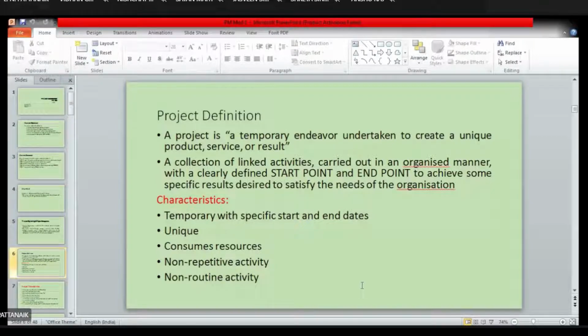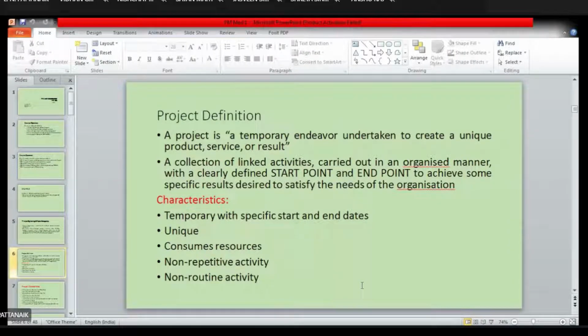But it is a temporary endeavor. It is not a regular activity. And you have identified for what purpose you are working in the project, whether it is a result or a service or a product. Once that is done, the project life is over. You cannot go on and on because it has a definite start and end. The project ends there. So if it is fulfilling these conditions, then that is a project.